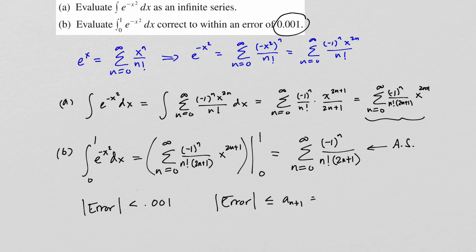And the n plus 1 term is what you get here when you plug in n plus 1. And of course, when you talk about the n plus 1 term, you ignore the alternating factor. So we're going to have 1 on top, n plus 1 factorial, and then 2 times n plus 1, which is 2n plus 3. And we need this to be less than 0.001.